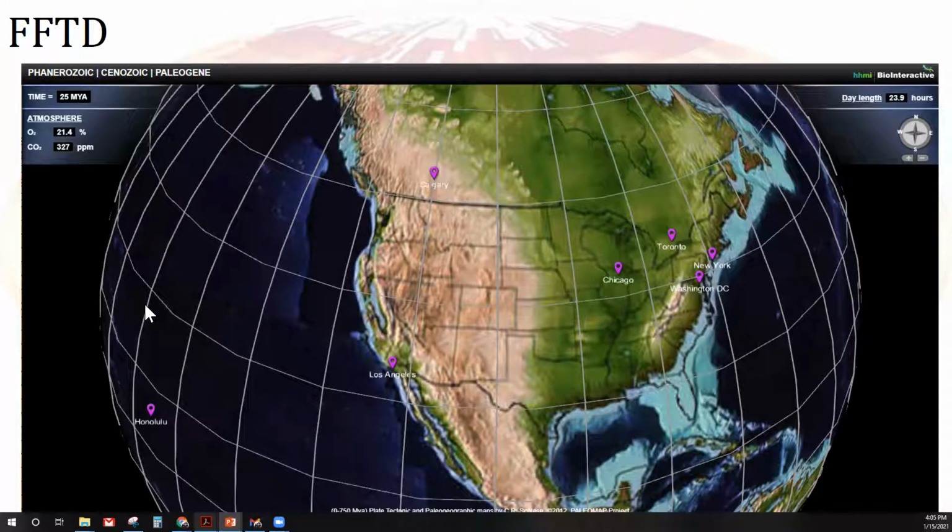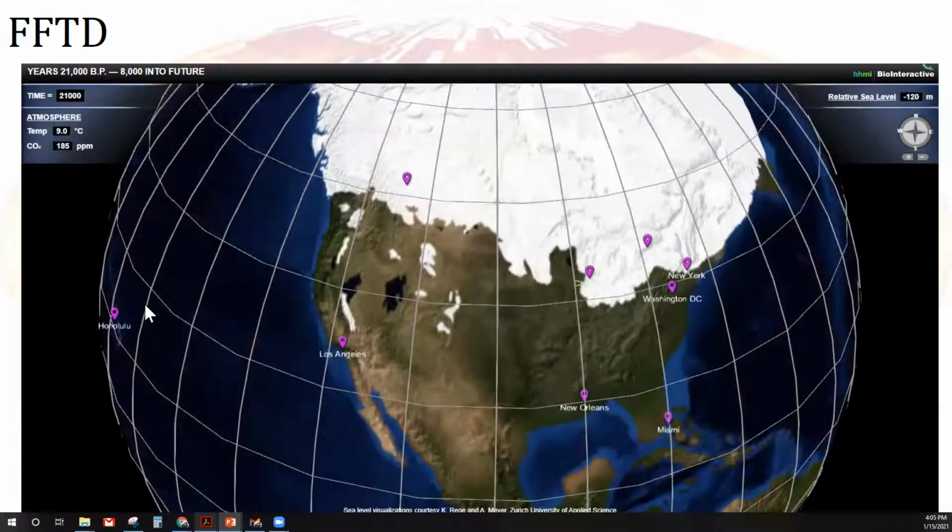Then you fast forward to 21,000 years ago, and we're right at the end of the ice age, right? This is when the glaciers were down throughout most of North America and just starting to recede. Some of it has already receded out of our area, but you do see these Pleistocene era lakes.